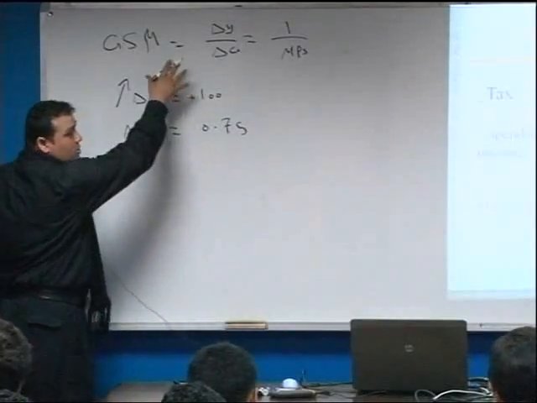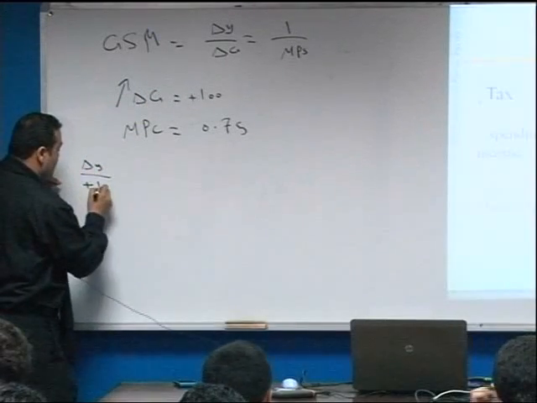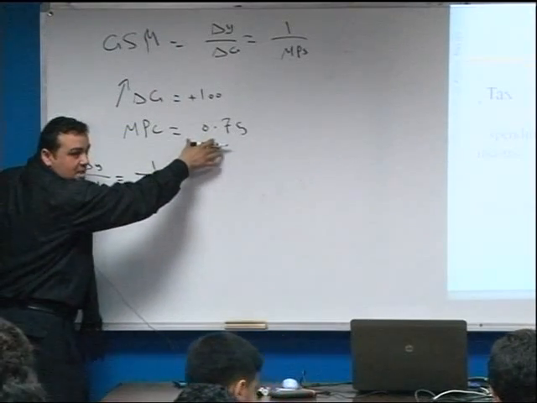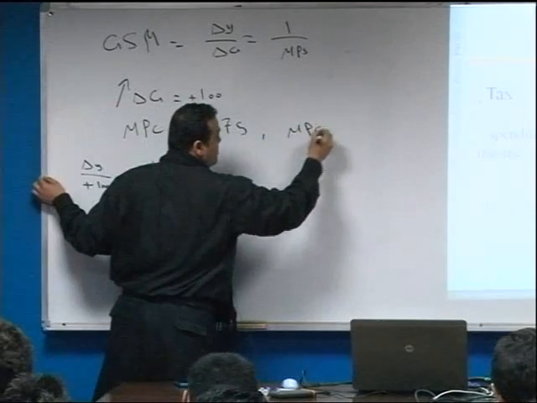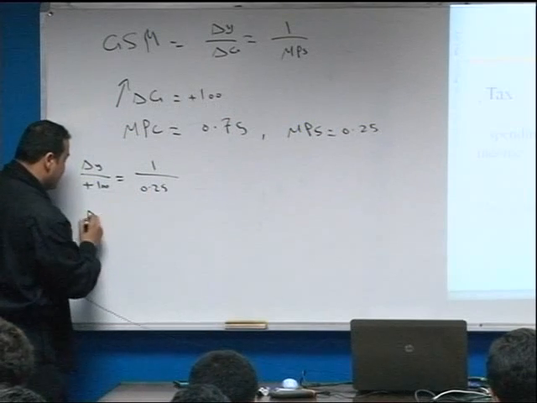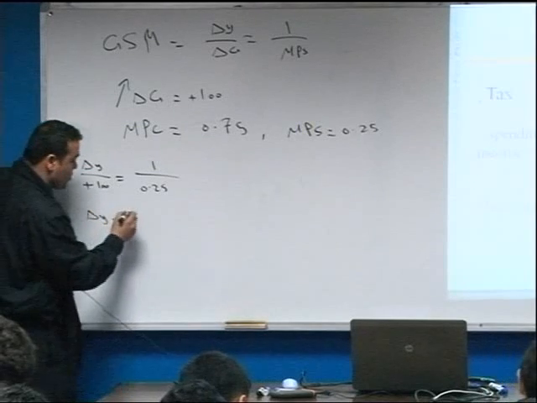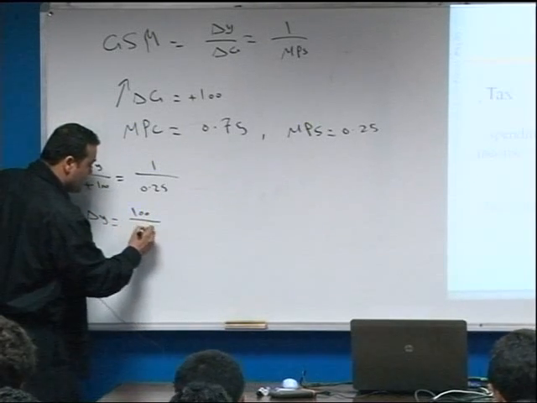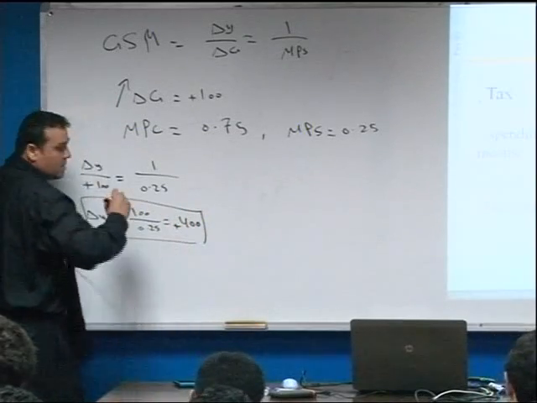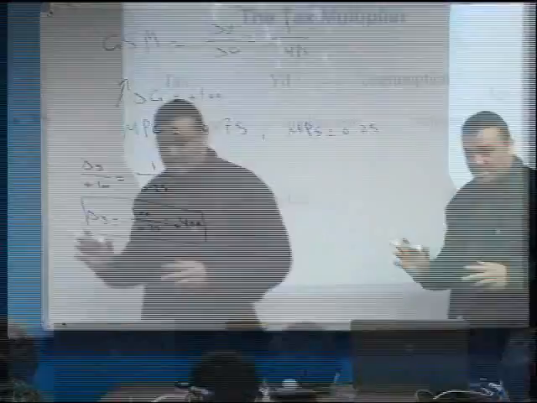So we have to use this formula, delta Y over delta G, positive 100 equals 1 over MPS. MPS in this case equals how much? 0.25. So delta Y equals 100 times 1 over 0.25, so equals 100 over 0.25 equals 400. So in this case, the aggregate income would increase by $400 million, right?